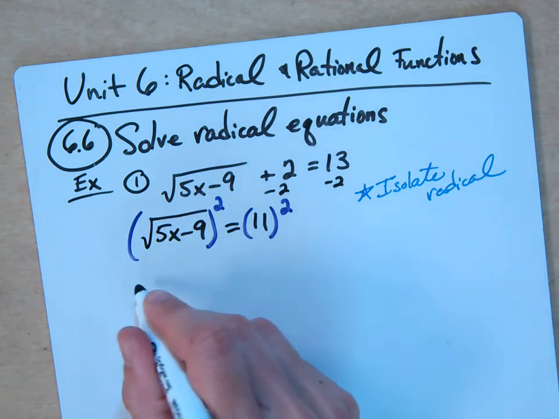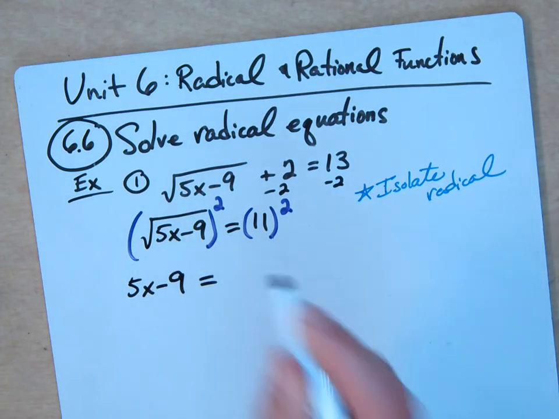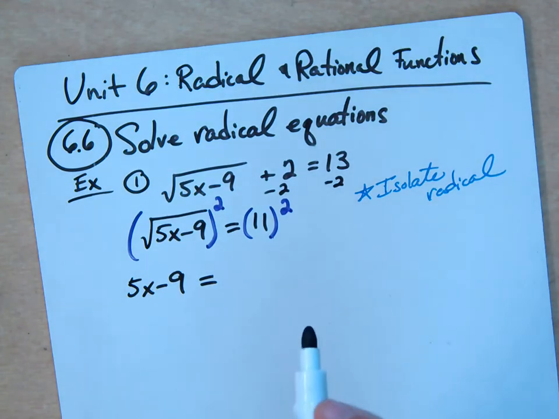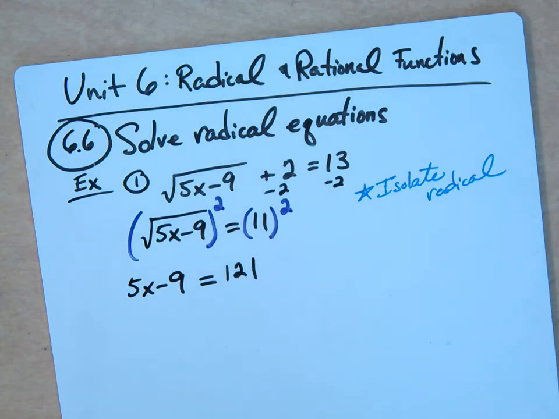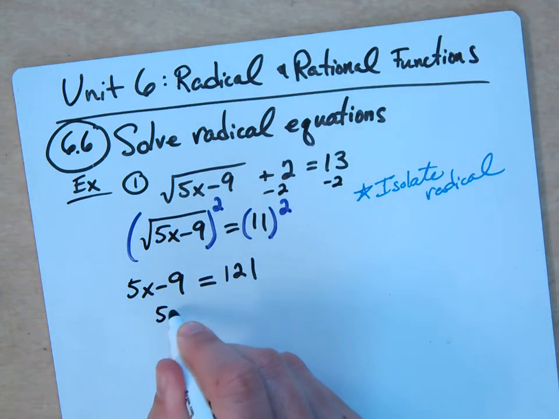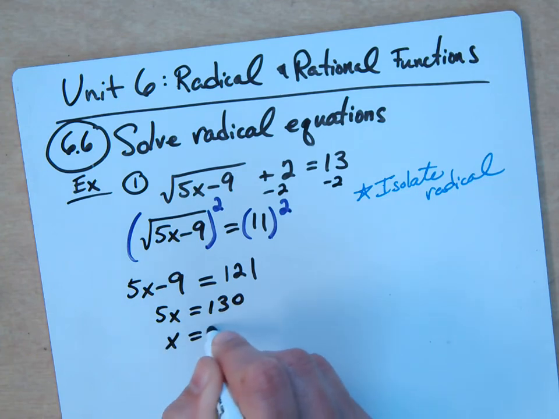So we get just 5x minus 9. Nothing happens to it. It stays the same, it's just the radical's gone. And 11 squared is 121, not 22. Okay, and now the rest is very straightforward. 5x equals 130 and x equals 26.